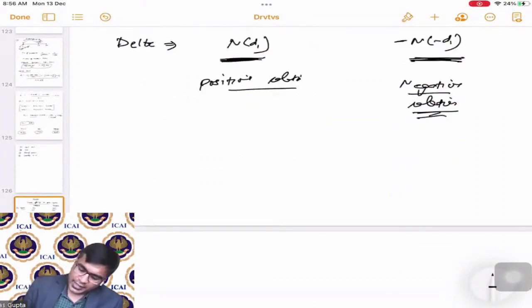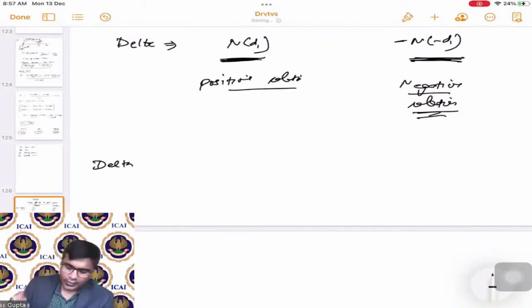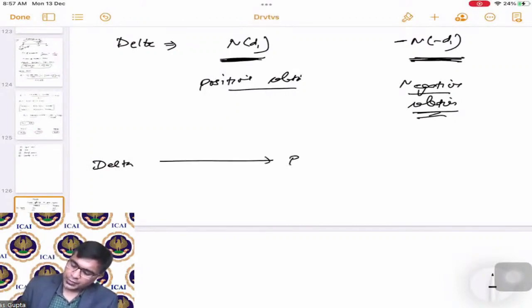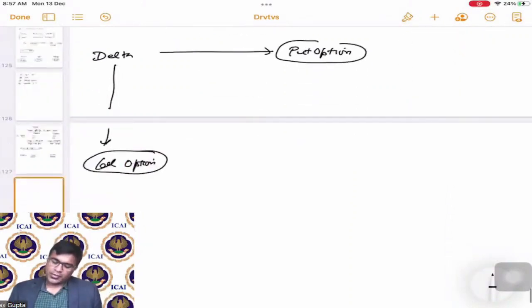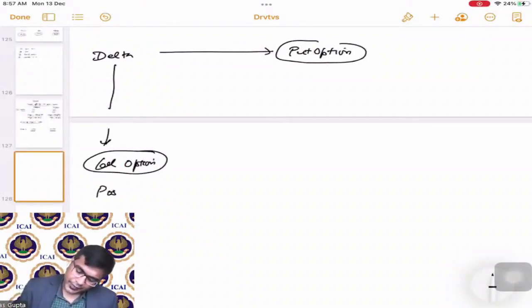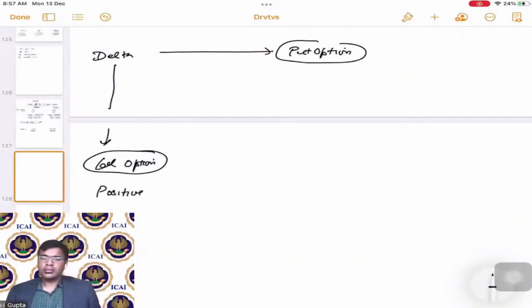So what we are saying here is, if you see delta in case of a put option and in case of a call option, in case of a call option it is positive. Why?